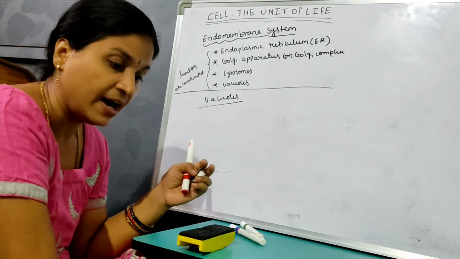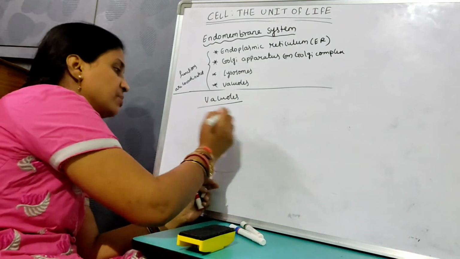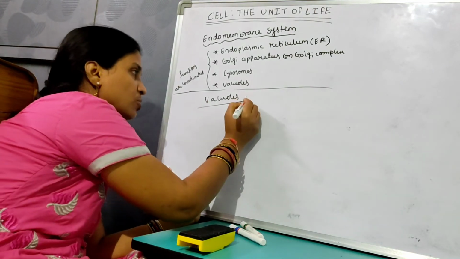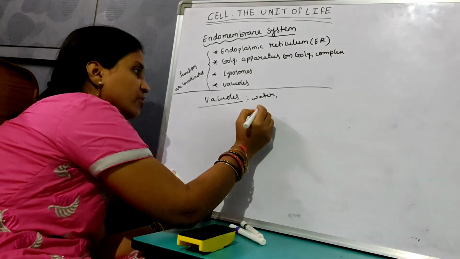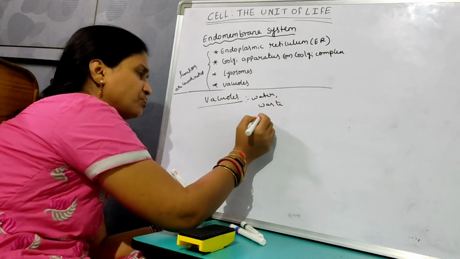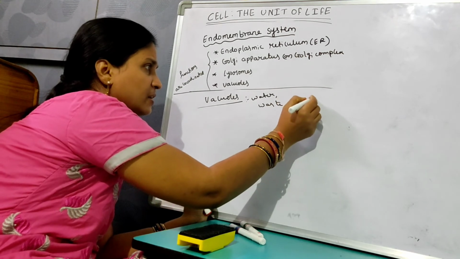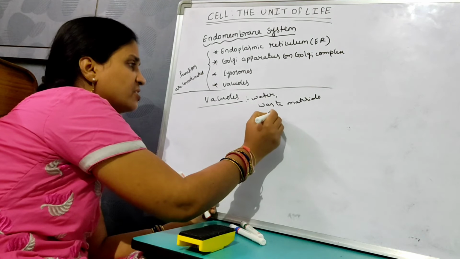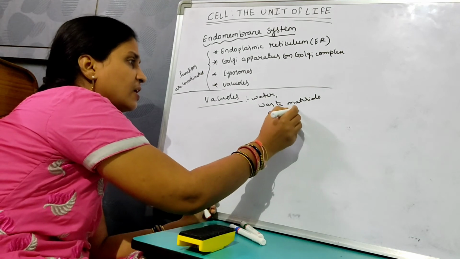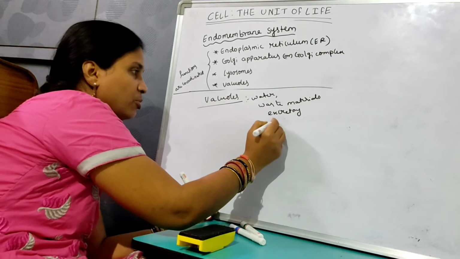So these vacuoles have water, waste materials, excretory products, and metabolic byproducts.